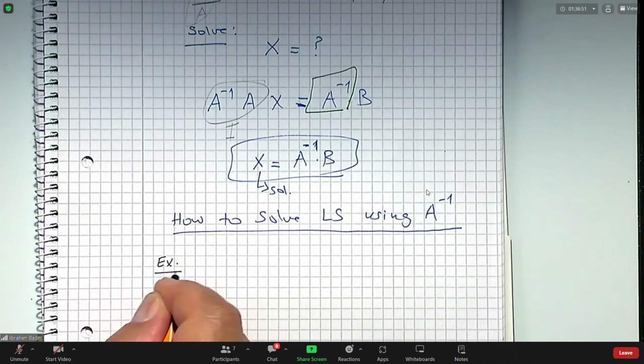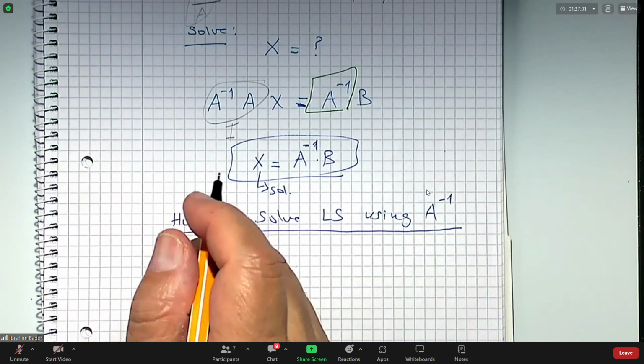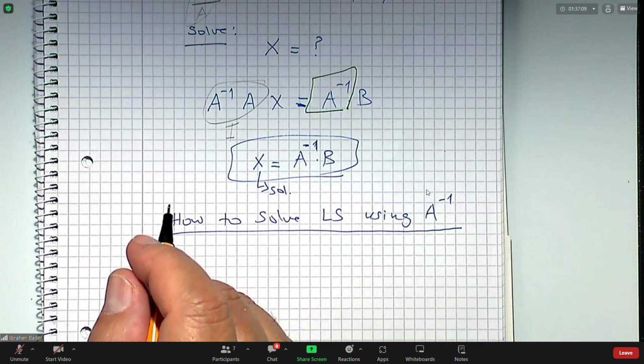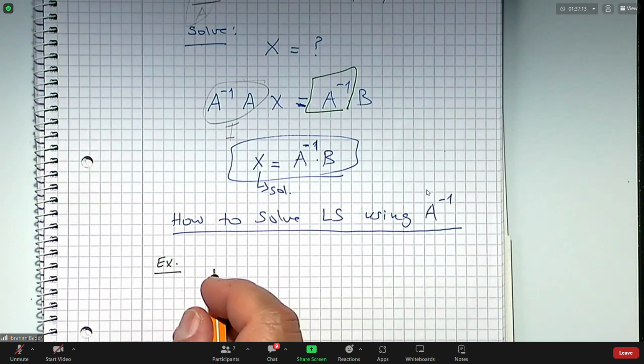So as I mentioned, it's a real life example. The challenging thing in real life examples is that you need to construct the equations yourself and then start solving. So let me describe the example here.